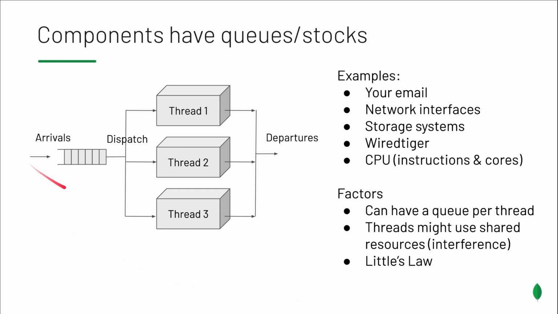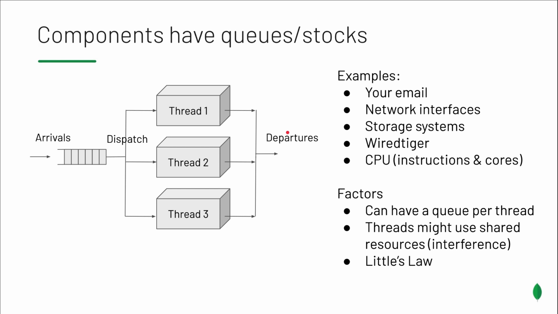They might have a number of threads that are handling each of those requests, and then departures, which are completed requests on the way out. And some of these threads might actually interact by using the same shared resources. For example, a query being run by one thread in the database could consume WiredTiger cache, slowing other threads.